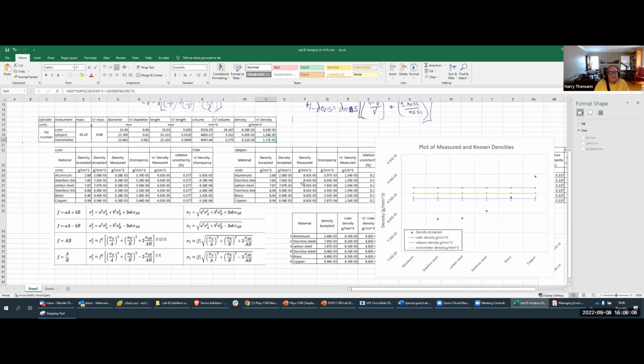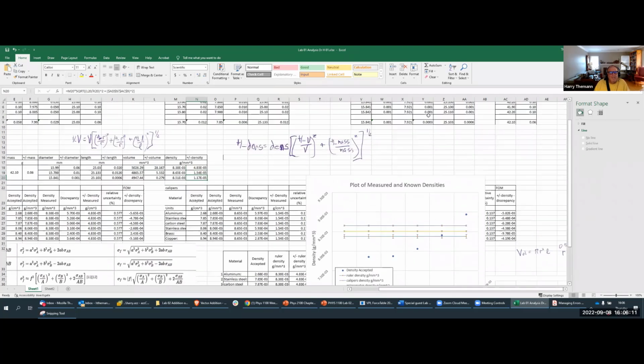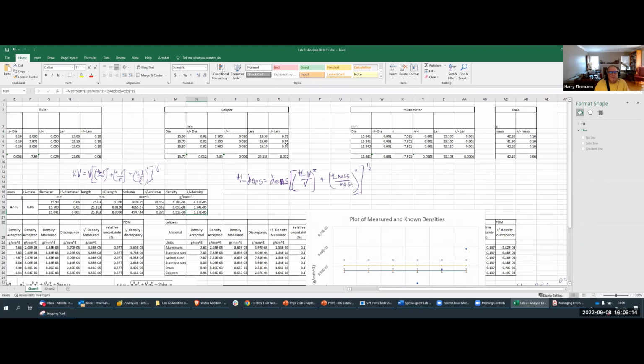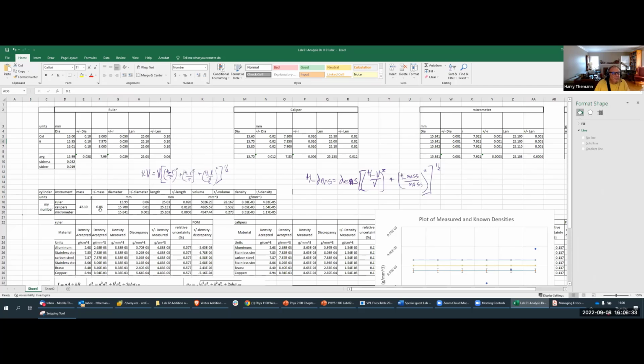Why not? Because what happens is the micrometer and the calipers are very sensitive instruments, but we still used the scale, and the scale isn't that great. And we could go back to the relative error on the mass. And I don't know if I quoted that, but maybe I did. Let's take a look over here. Plus minus mass. Okay, we didn't do a relative mass, but we would see that it's not too great compared to the other ones.